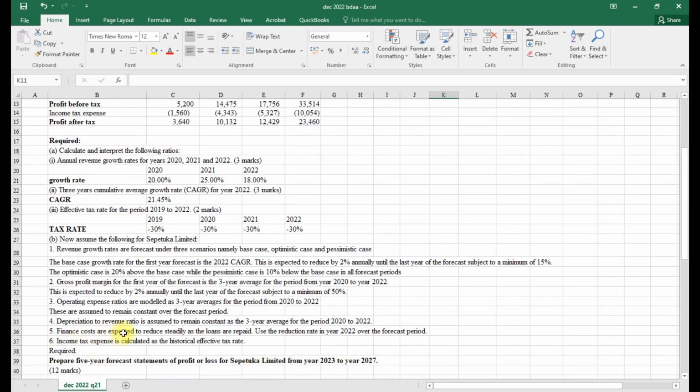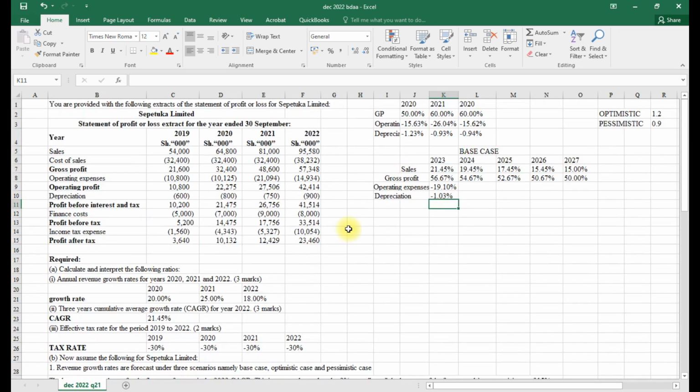Finance costs are expected to reduce steadily as the loans are repaid. Use the reduction rate in 2022 over the forecast period. So it will be reducing for the finance cost here. So our finance cost, we have this, and the reduction rate, when you look at it has been reducing. So here the reduction rate from 7 to 9 to 8. So here it has reduced, so we need this reduction rate, whereby it has reduced by 1,000.